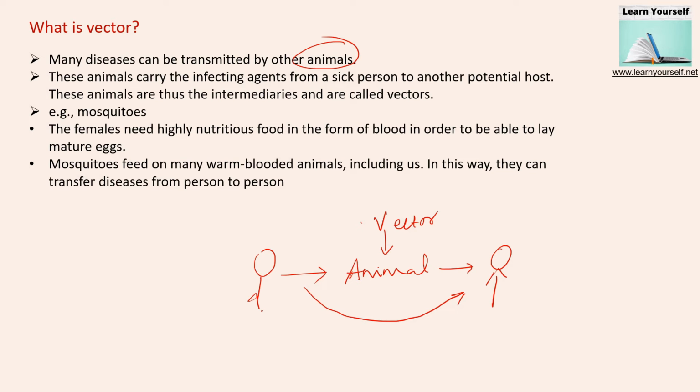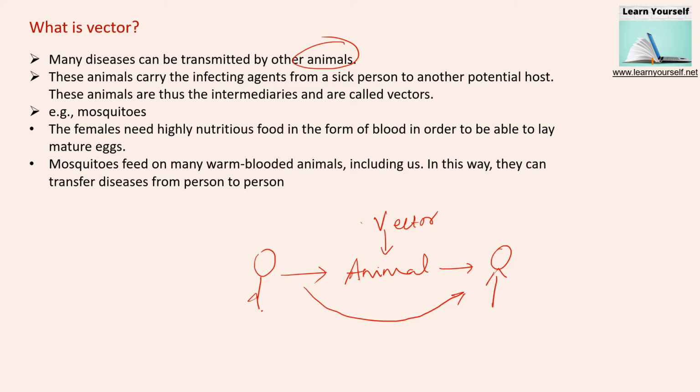For that they will bite humans or animals, warm-blooded animals, and suck the blood, and by doing so they are transmitting the disease. So mosquitoes feed on many warm-blooded animals including us, and this way they can transfer diseases from person to person.